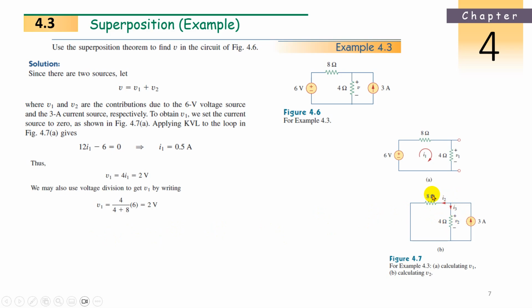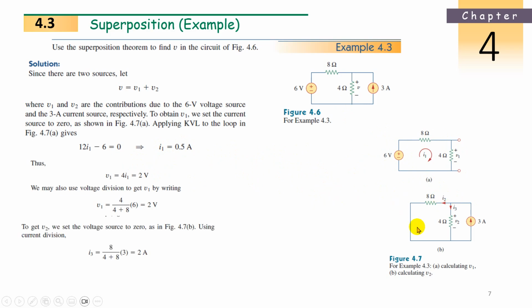Now, we have to find I2 and I3, right? What is I3 as per the previous equation? Already we got I3, which is equal to I1, the current we have, that is 0.5. Just substitute there, and we will get I2.